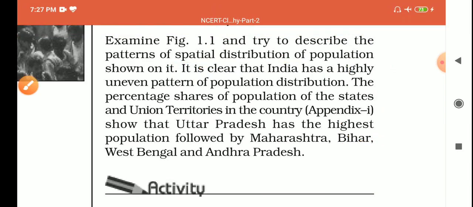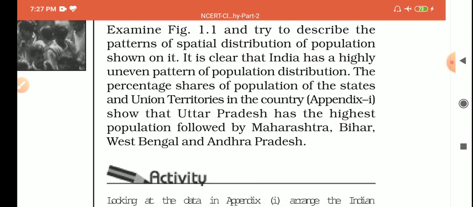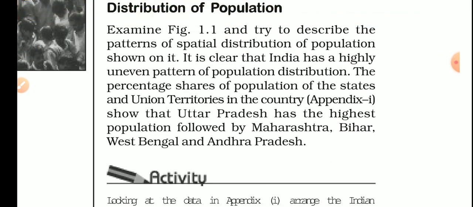It is clear that India has a highly uneven pattern of population distribution. The percentage share of population of the states and union territories in the country is in Appendix 1, the last page of this chapter of the book. We will find that Uttar Pradesh has the highest population, followed by Maharashtra, Bihar, West Bengal and Andhra Pradesh. This is a little bit old data and may vary in certain cases.